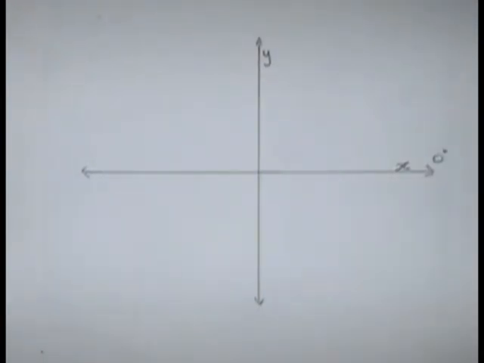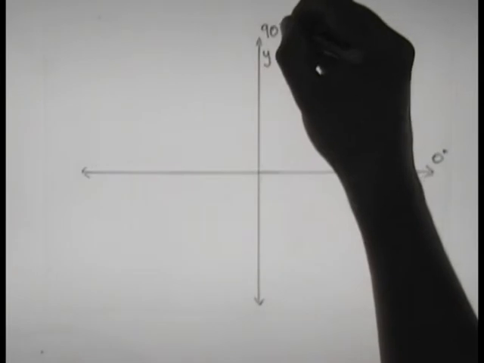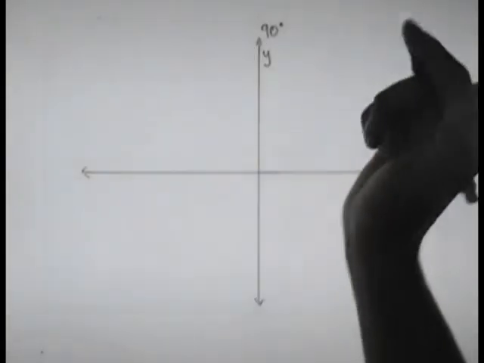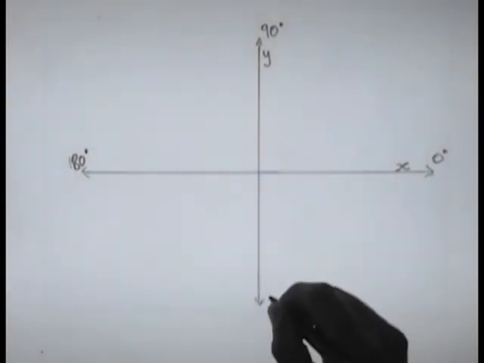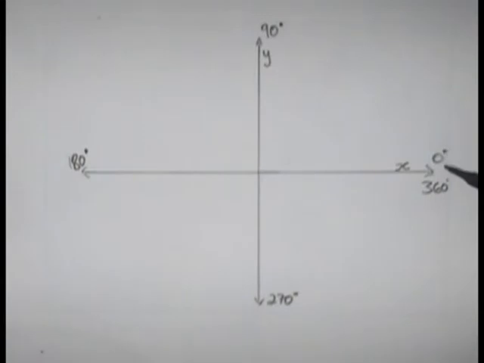On this axis, I'm going to include my basic angles, or my sort of references. 0 degrees starts over here. Notice that it moves in steps of 90 degrees anti-clockwise. 90 degrees, 180 degrees, 270 degrees, and finally 360 degrees. 360 degrees and 0 degrees are the same thing.